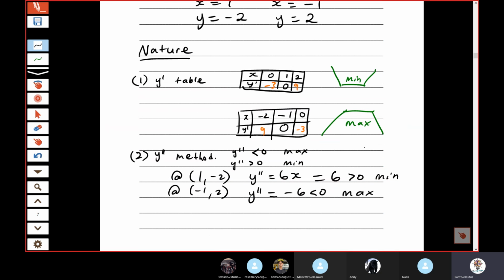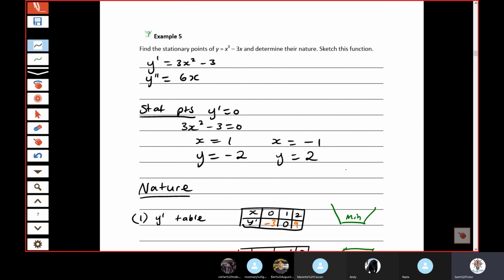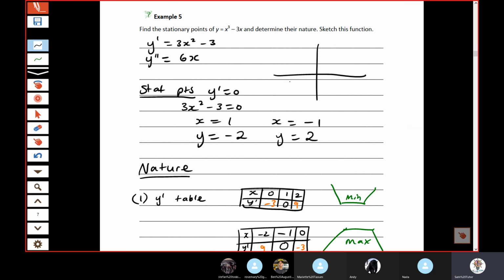Happy? We now do the stationary points in nature. Sketch the curve. I think that's nothing, right? I'll just do it up here. What do we have? At 1 and -2, and -1 and 2. That's a maximum, that's a minimum.